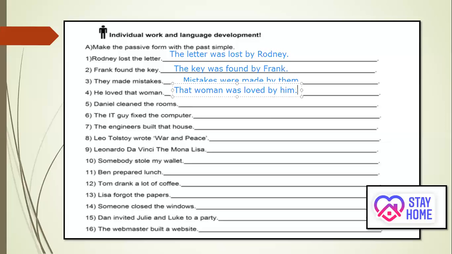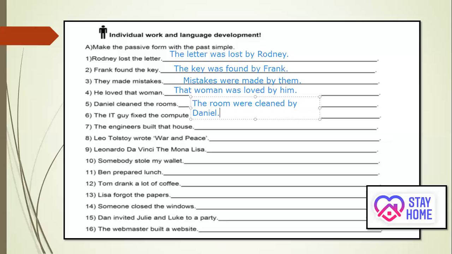And in this case, we have the past passive voice. Now let's see in here. Daniel cleaned the rooms. So we have the rooms were cleaned by Daniel.